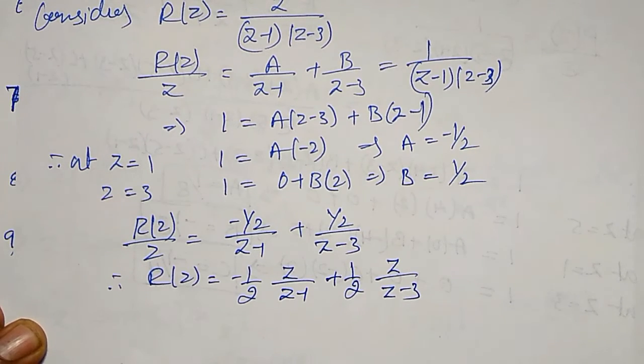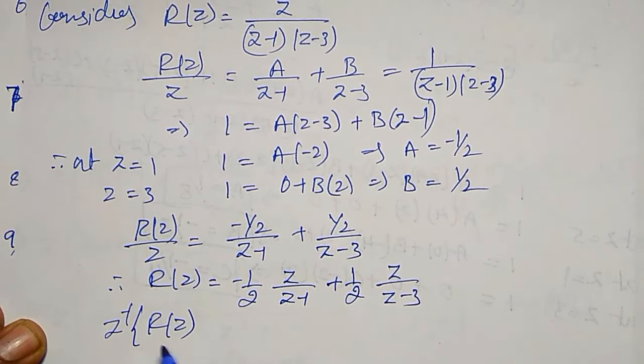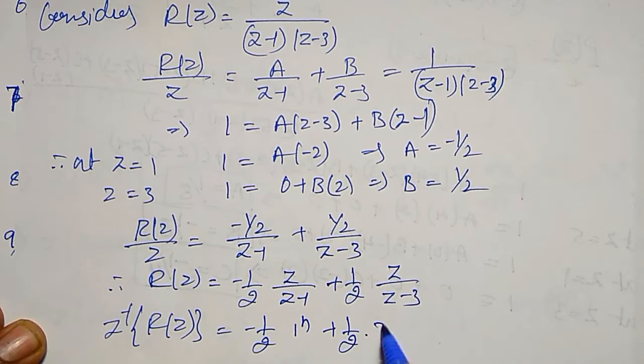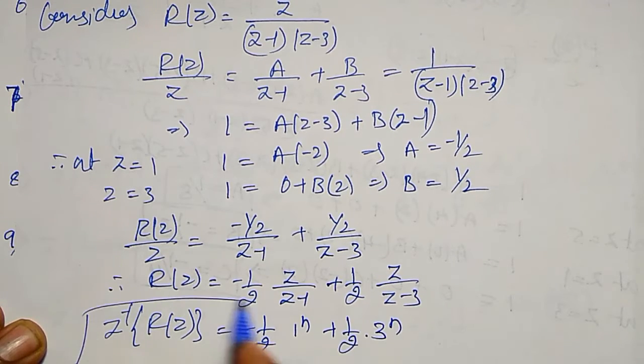Therefore, the inverse z transform of r of z is equal to minus 1 by 2 times 1 raised to n plus 1 by 2 times 3 raised to n. This is the inverse z transform of r of z.